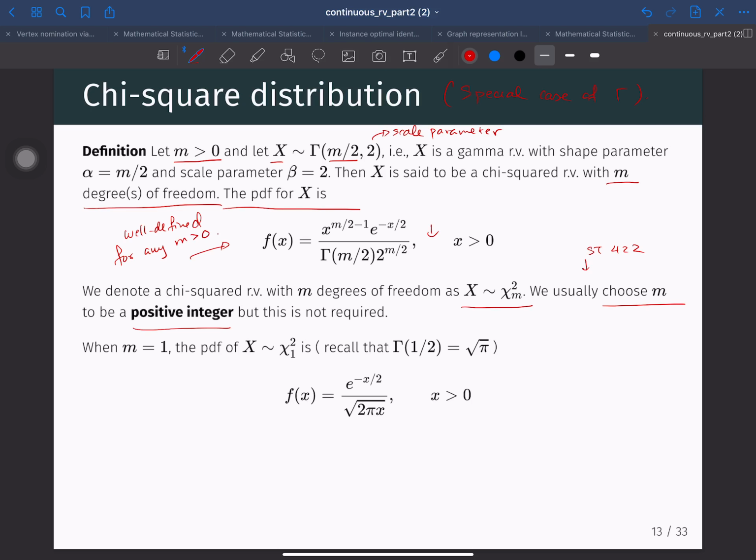When m equals 1, which is a very special case, this PDF is of this form. And this refers to the fact that gamma(1/2) equals square root of pi.